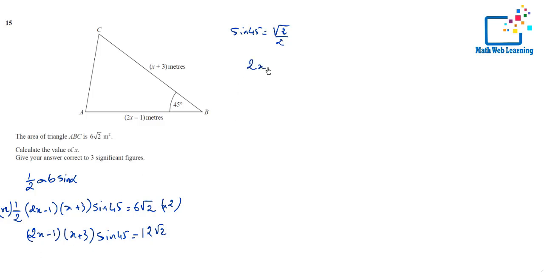Okay, 2x minus 1 times x plus 3 times root 2 over 2 is equal to 12 root 2. All right, can you see that? Now if I want to get rid of the denominator, I'm going to do the same thing I did here, times by 2 and times by 2.